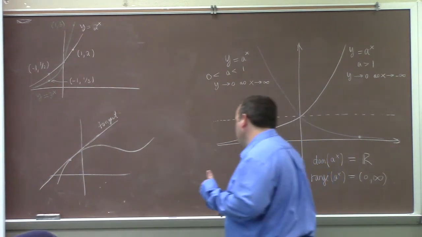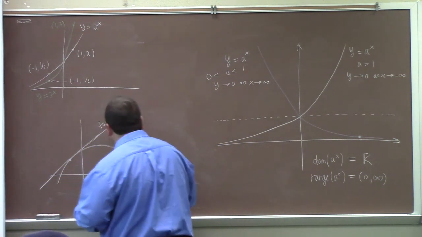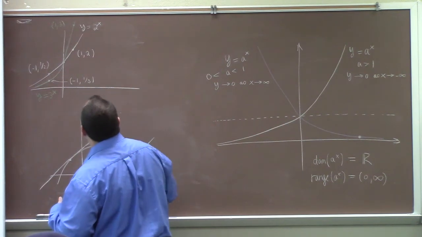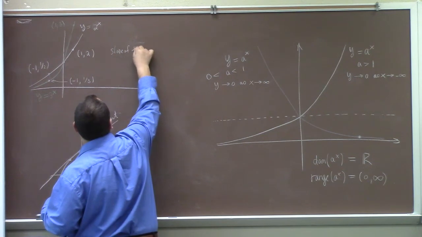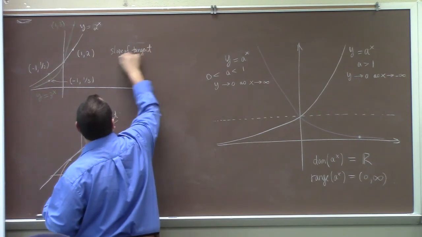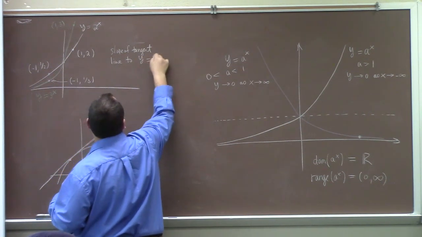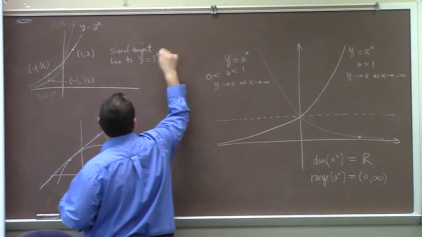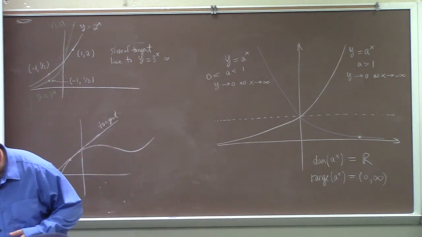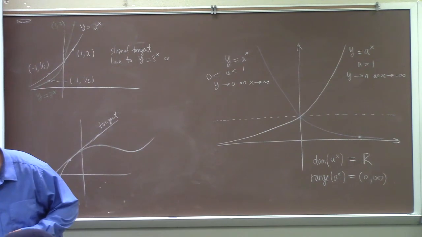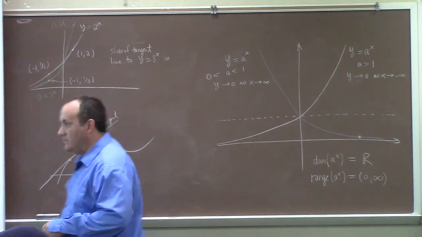And if you were to numerically study these things, you would find that the slope of the tangent line to y equals 3 to the x is approximately 1.1, basically.